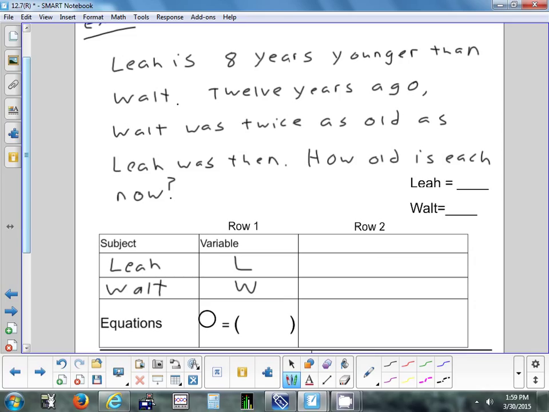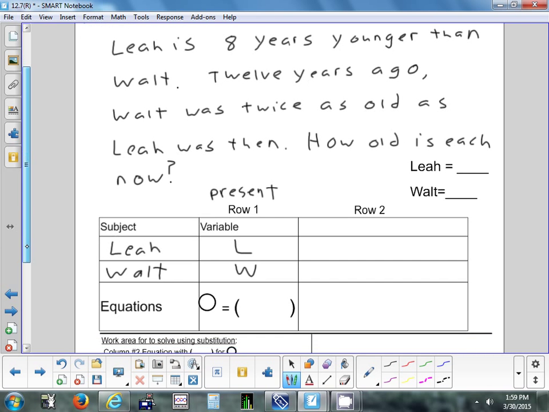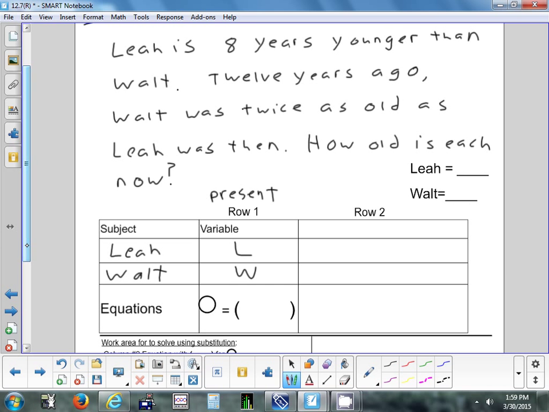Okay, now that equation that you get in row 1, I think in every problem, this is going to be the present. These ones set it up as always being present. And guys, when we do stuff tomorrow, we're going to try to set it up so when you get to that equation in row 1, the variable will be by itself, or you have an opportunity to get it by itself.